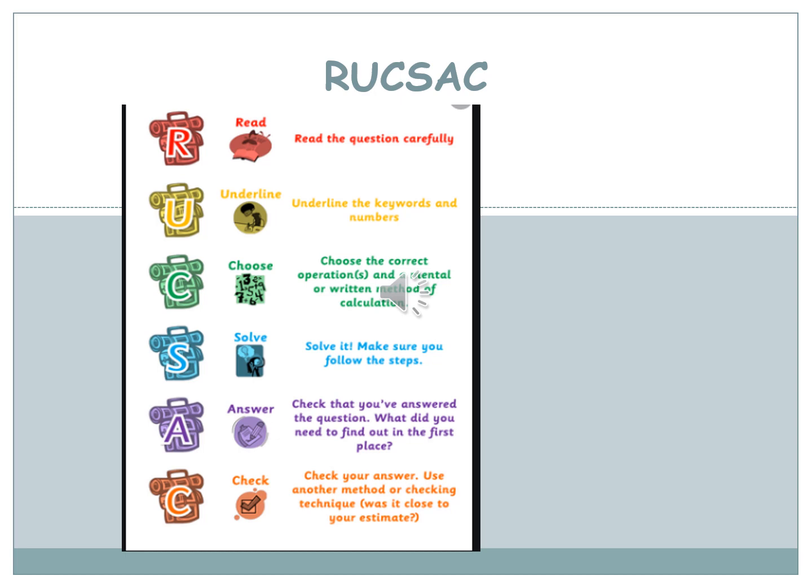Make sure you do it step by step so you don't make any silly mistakes. A, answer it. Check that you have answered the question. C, check your answer. Okay, so you need to follow those steps when you are doing your word problems, please.